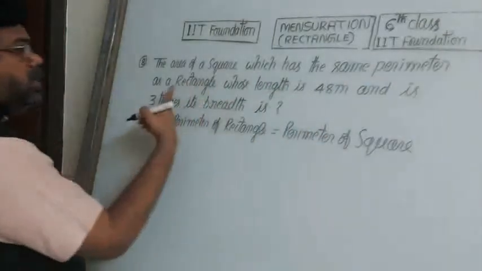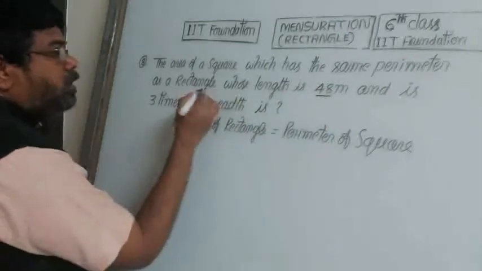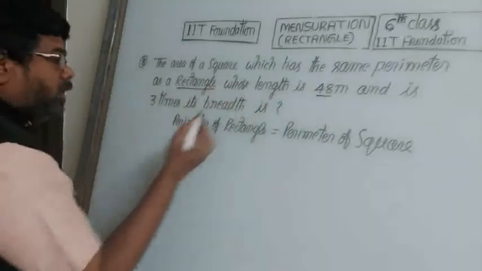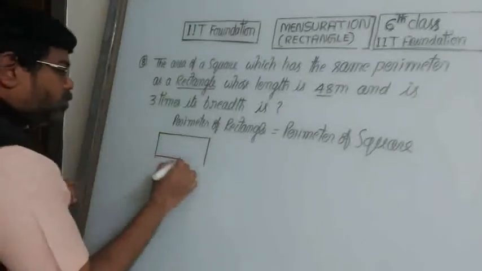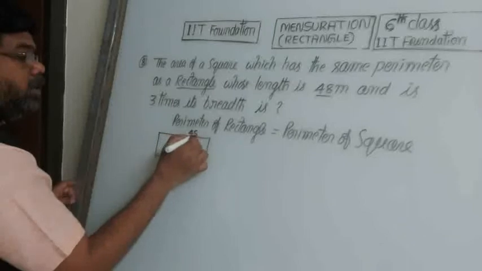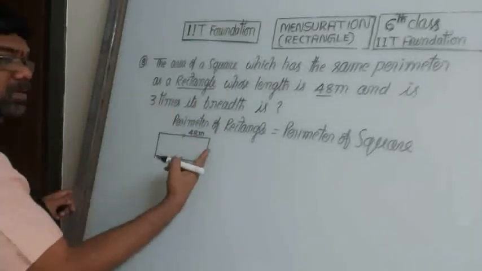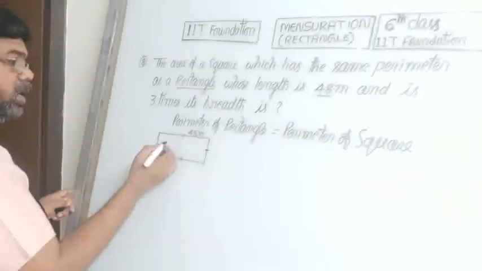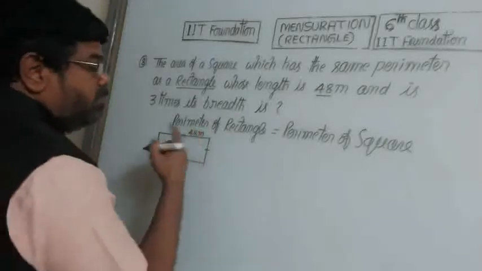Whose length is 48, whose length means the rectangle. So the rectangle length is 48 meter, it is given. And is 3 times its breadth. So breadth we don't know, but this length is 3 times its breadth.